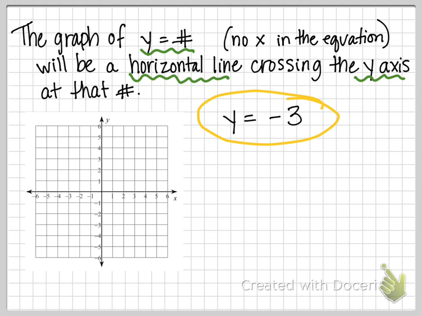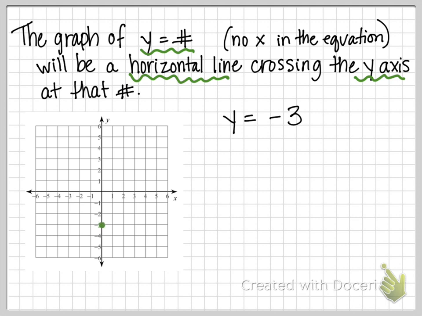So what we're going to do is remember that when we have just y equals a number, you're going to have a horizontal line that crosses the y-axis at negative 3. Oops, I'm going to go back. So when it says y equals negative 3, we cross the y-axis at negative 3.